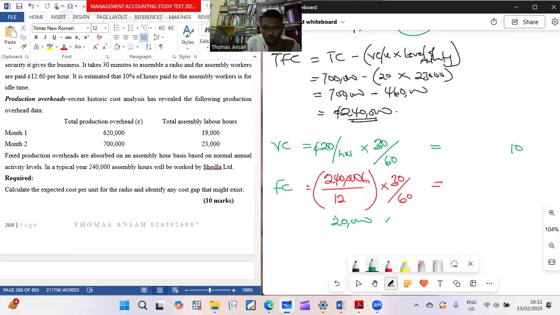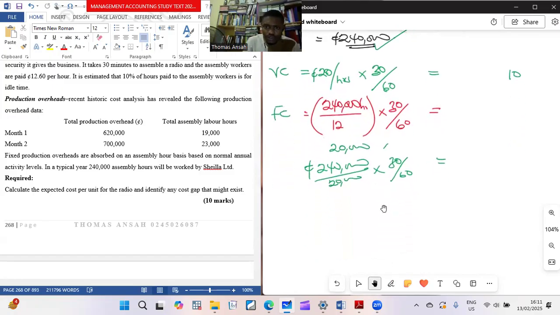So it will be 240 Ghana cedis. Let's write it like 240,000. This fixed cost, the total fixed cost for 20,000, multiplied by my 30 over 60. So this one should give me 12, and by 30 over 60, that will be half of that. That is 6.